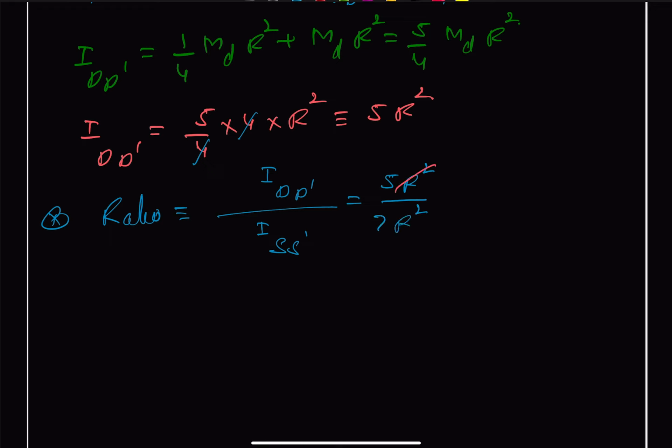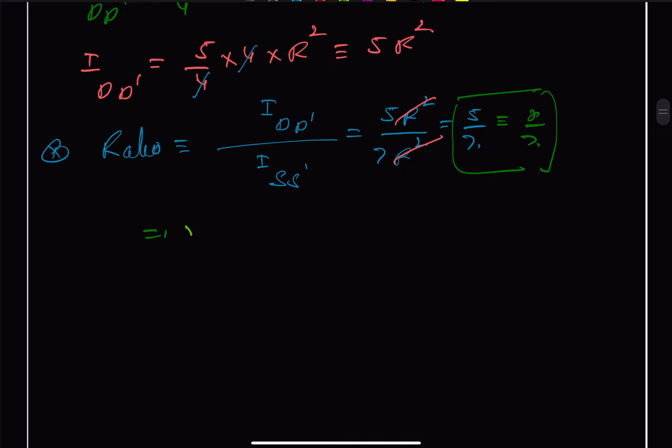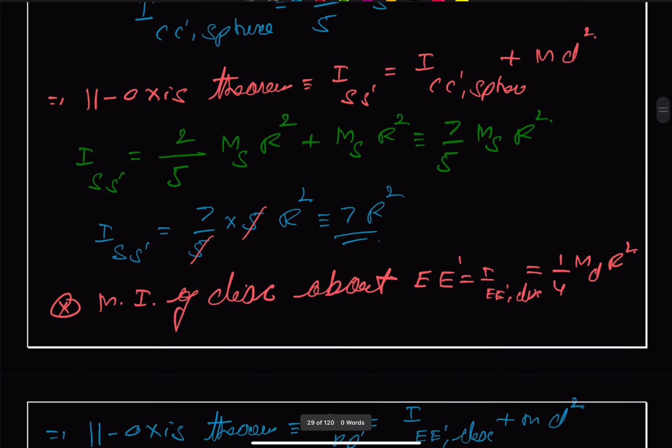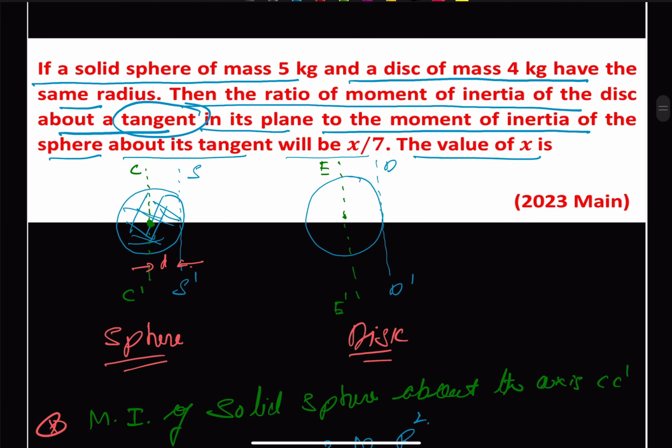R square cancels out, and this comes as 5/7, and we are given that this is equal to x/7. Therefore the value of x is equal to 5. So the value of x is 5. Next question.